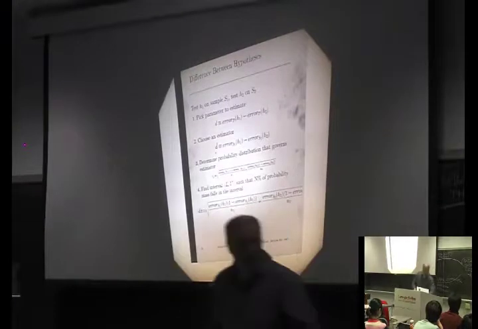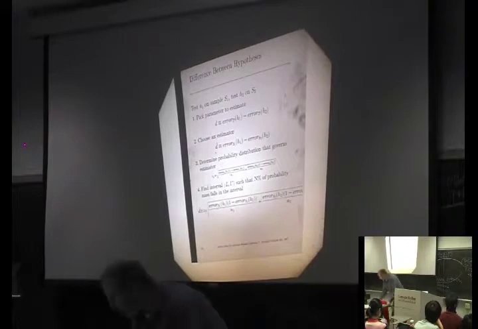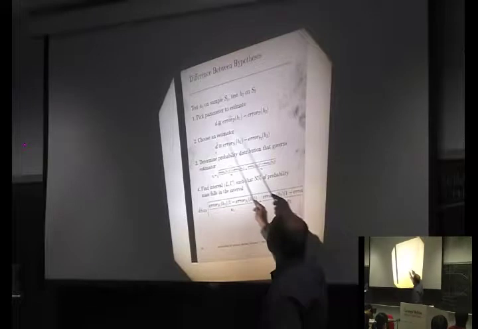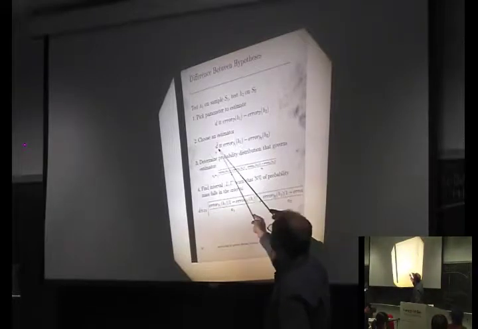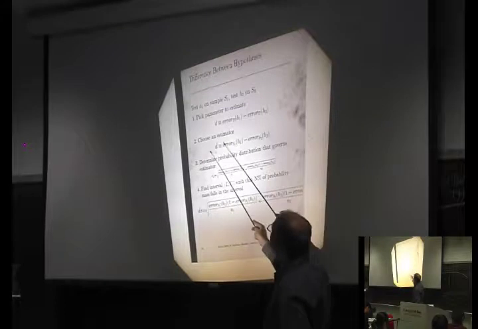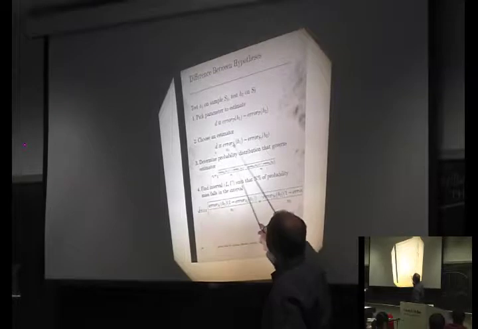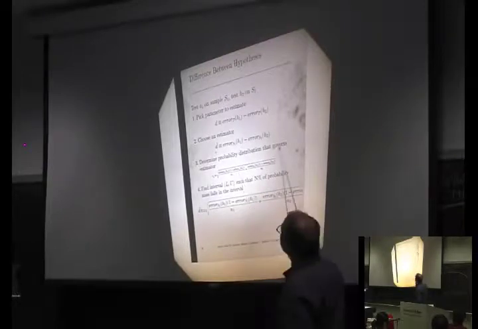I brought my nifty pointer. Here it is. The difference between the two errors, this should be green. Step 2 is choose an estimator. This should be purple. The same hat over particular set S1. Here, interestingly, they use 2 different sets. Let's forget that for a moment. Step 3 is to determine the probability distribution that govern the estimator.